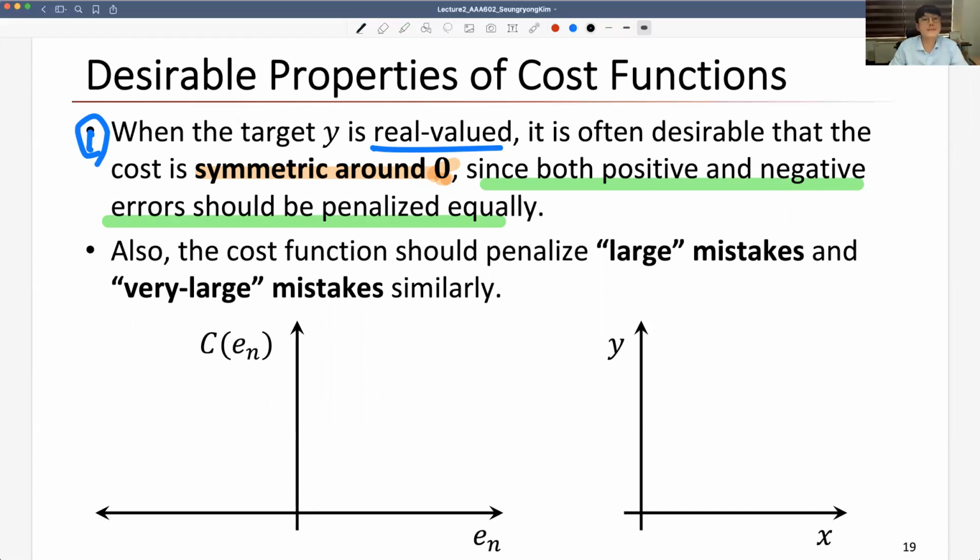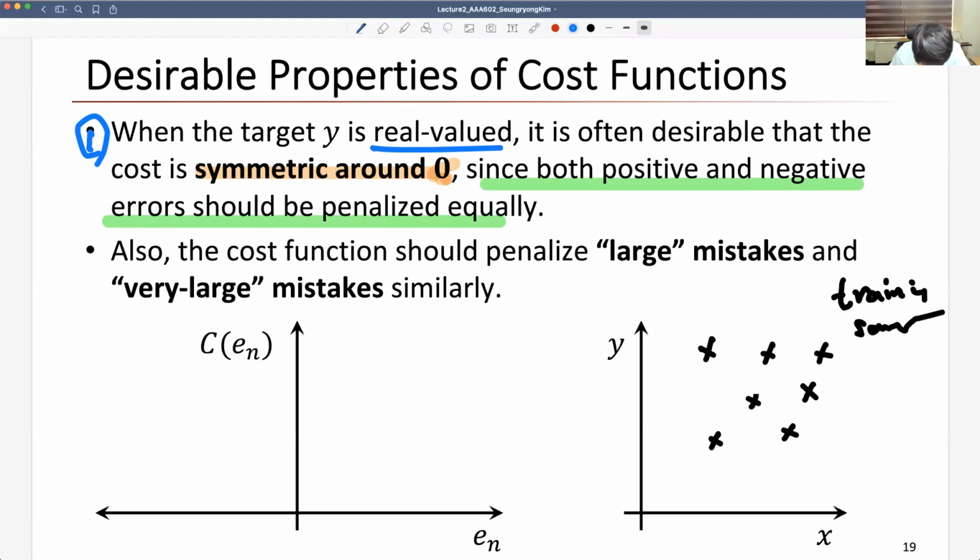Let's think about a simple case. Let's say here are training samples, and let's say we have an estimated mapping function here, f_W(x), right? And let's say we have one training sample here and another training sample here.